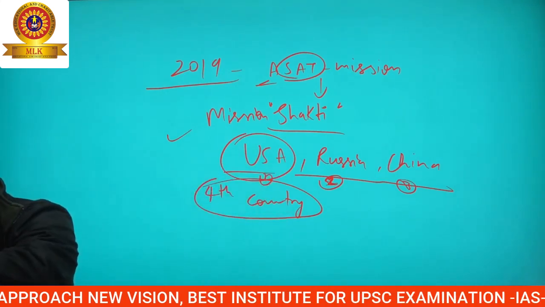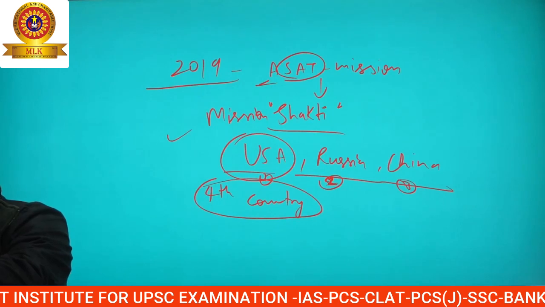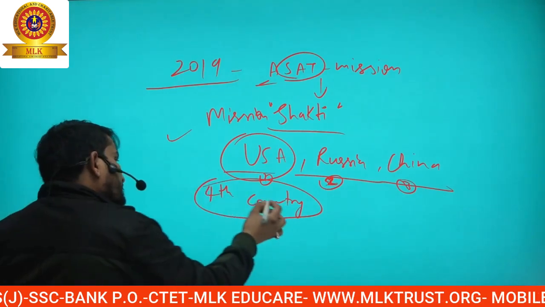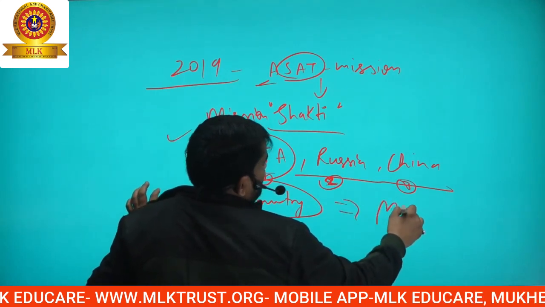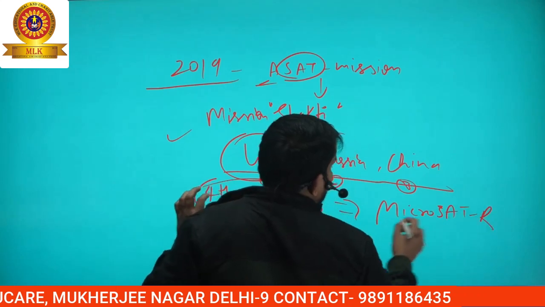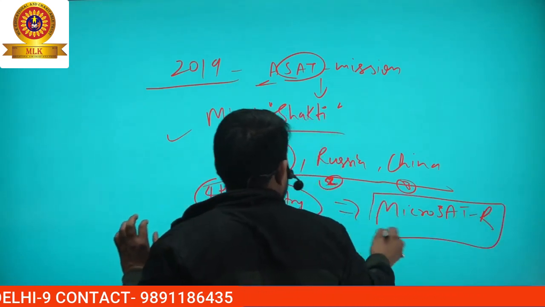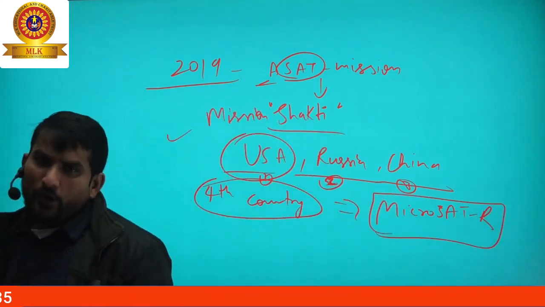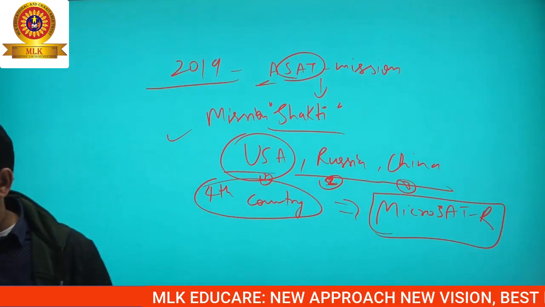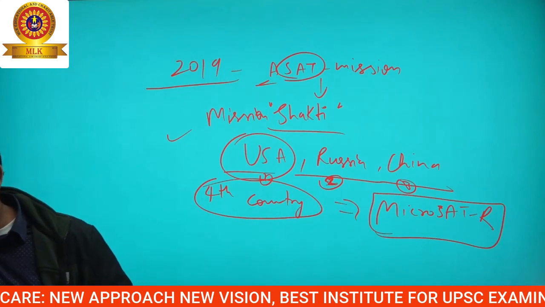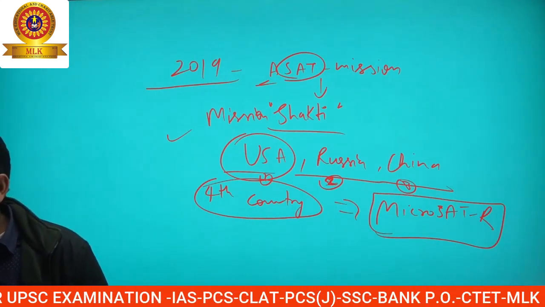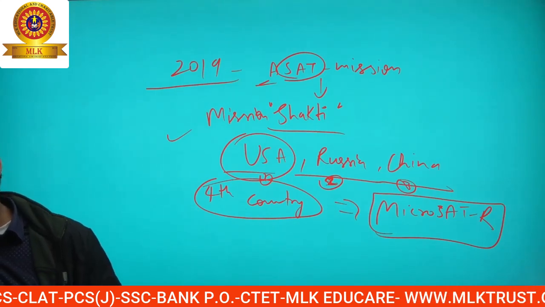The target chosen for the testing of ASAT was Microsat-R. Which one was it? The satellite was the microsatellite R. Because this lies in the lower orbit, it must have been a remote sensing satellite. R, I think, stands for resources. Microsat-R is an imaging satellite in an orbit about 270 kilometres above the Earth's surface.